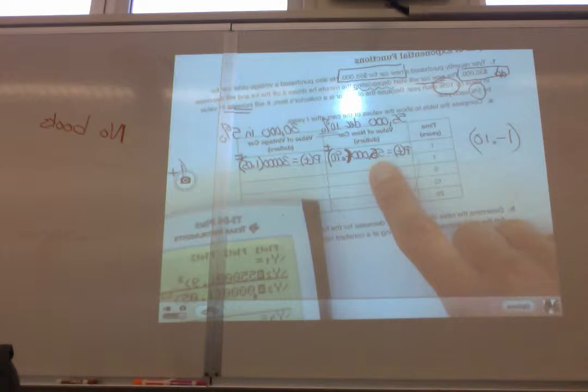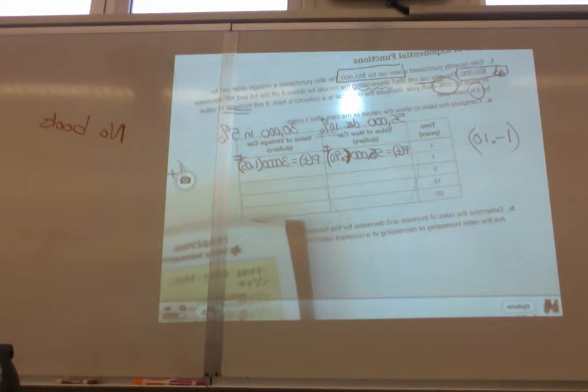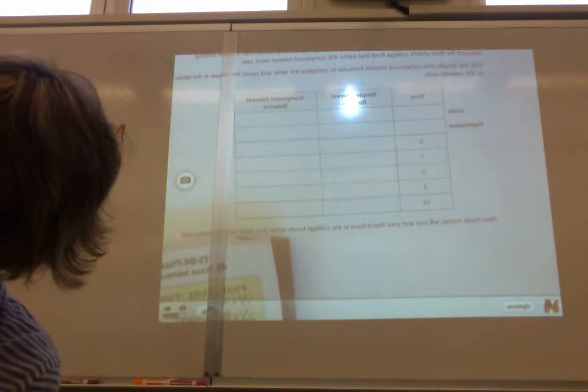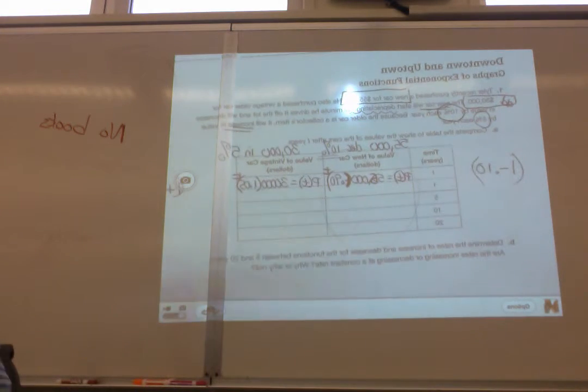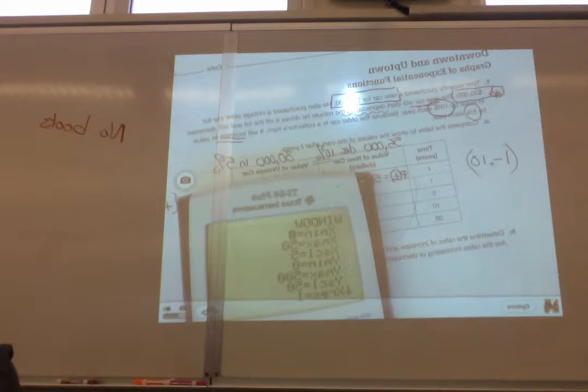Now I need to set some windows. I know right here it looks like we go from time 0 up to 20. Do we ever go farther than 20? How many years should we put in for our x value? I'm going to put 40 just to be safe. So I'm going to go into window, start with 0, actually I've got 50.